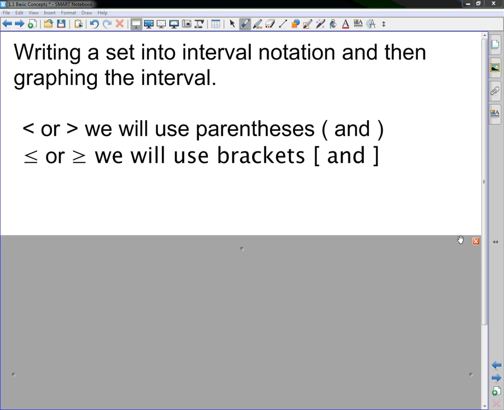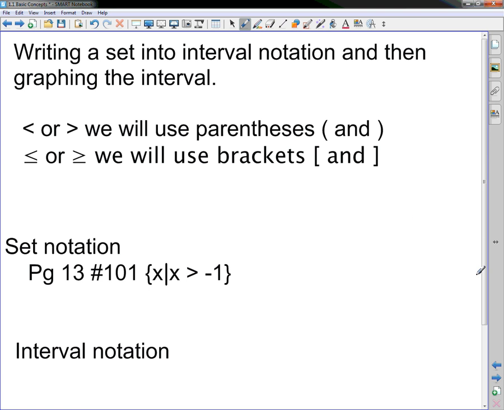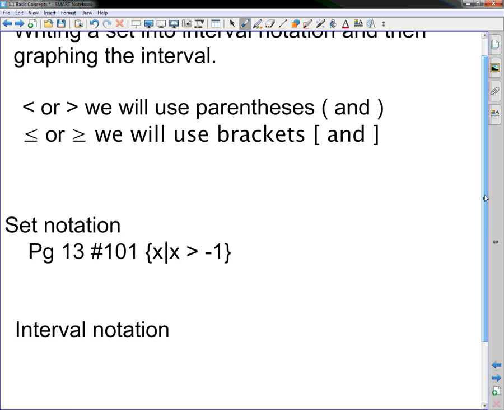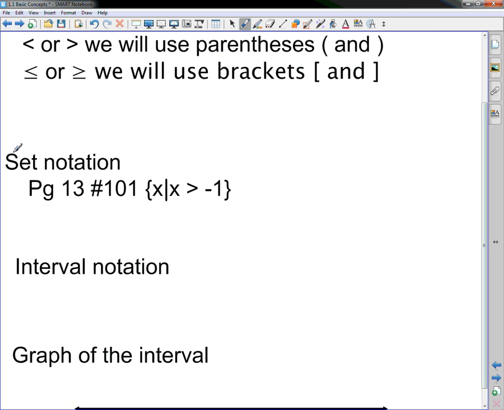So let's look at our first example. Set notation. So we have the problem x such that x is greater than -1. So that means I'm going from -1 greater than. And if I'm going greater than, I'm going all the way to infinity. It doesn't give me a stopping point.